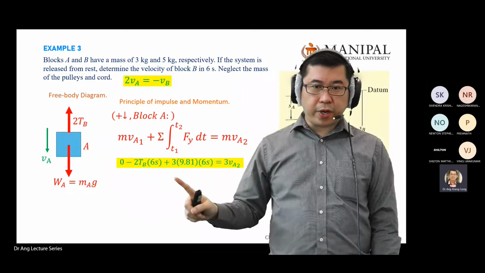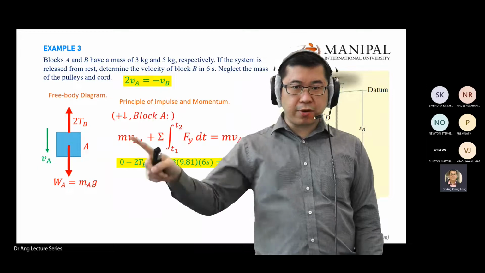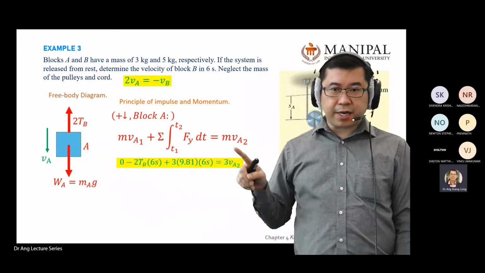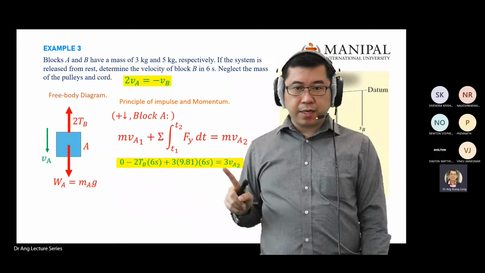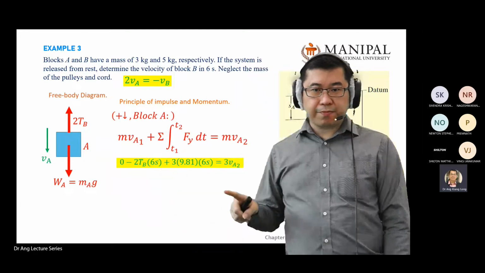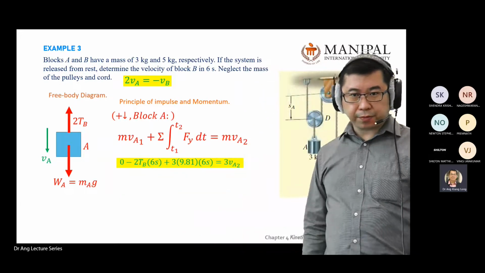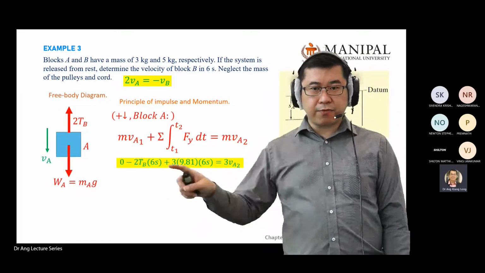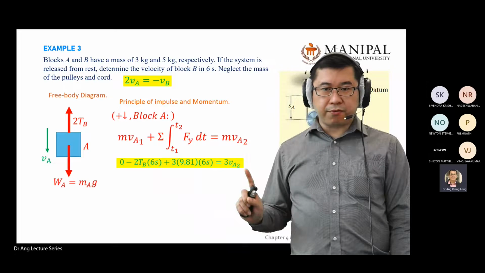And the weight of A is 3 kilograms multiplied by 9.81, times 6 seconds, equal to mass 3 times VA2. So from here, you have one equation relating TB and VA.